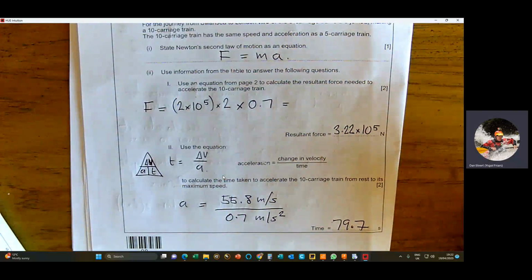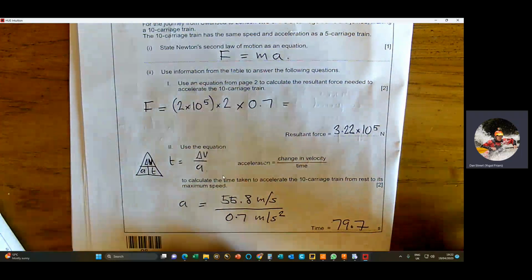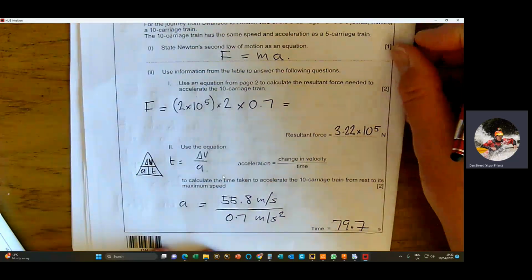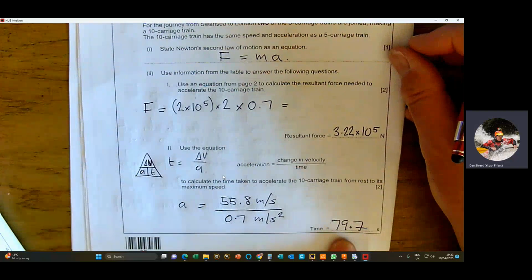So a little over a minute, sorry, 20 seconds over a minute. So a minute and 20 seconds to get to full speed, which makes sense because trains don't tear off down the train track. They take a while to get up to speed, but still, for such a big vehicle, that's pretty impressive.